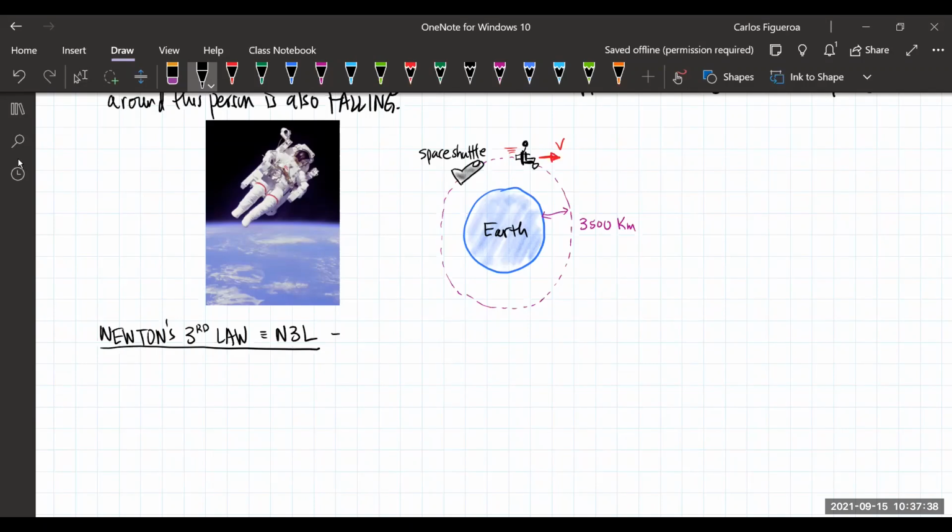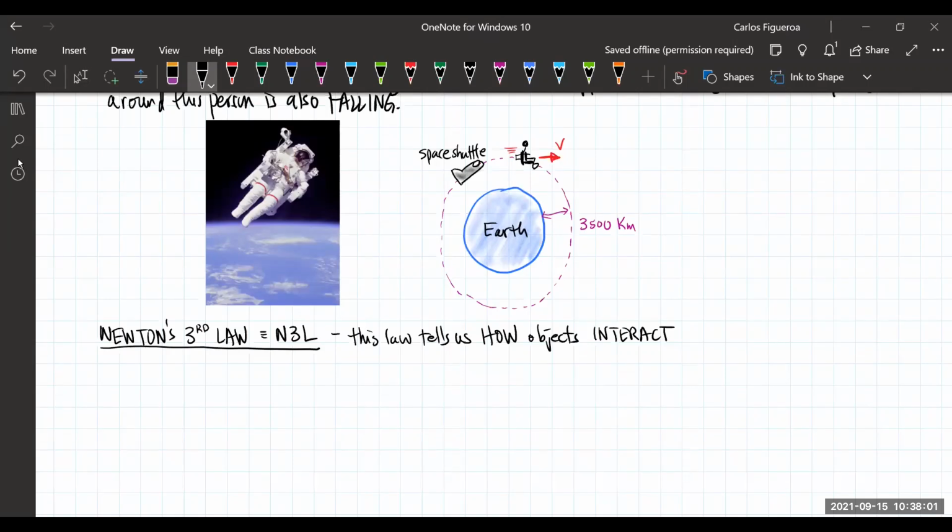So what does this tell us here? This law tells us how objects interact with each other. How do they interact?